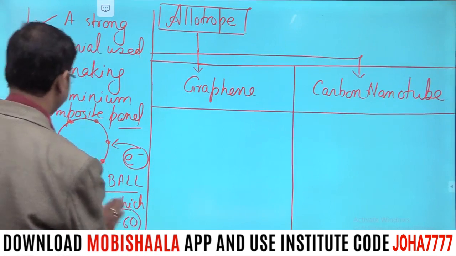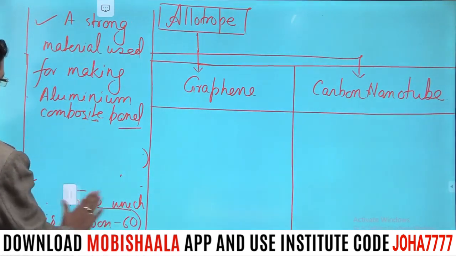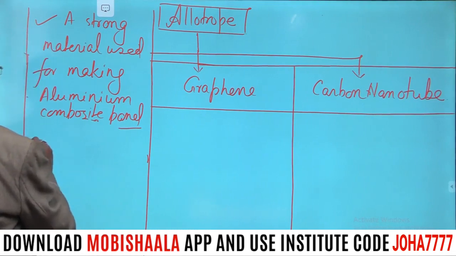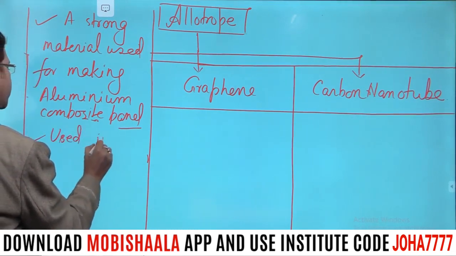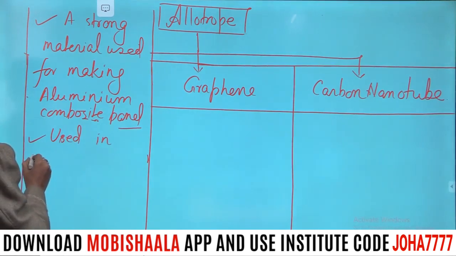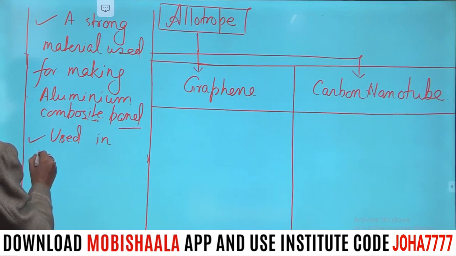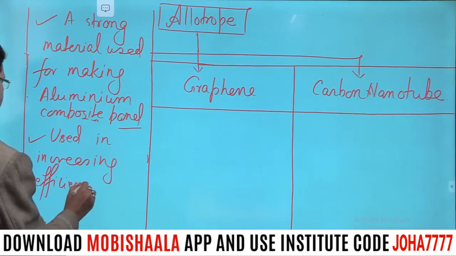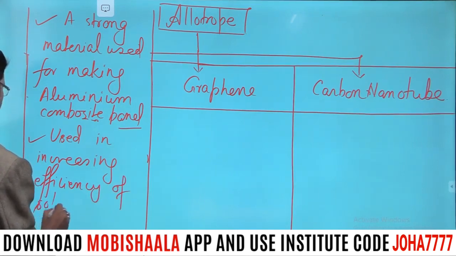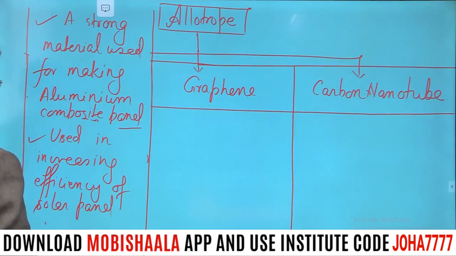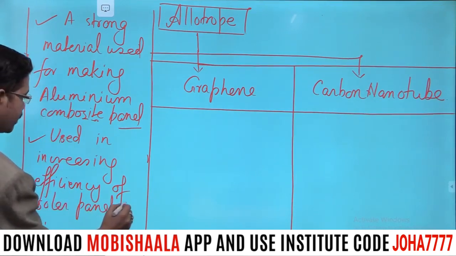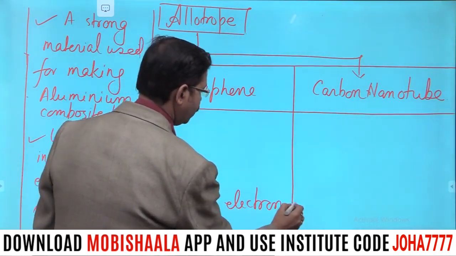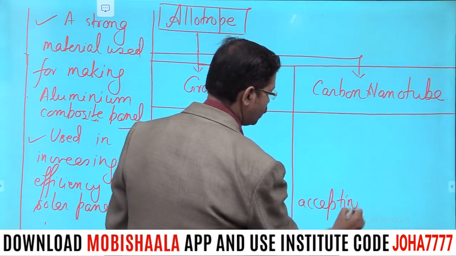So another use is what? It is used in increasing the efficiency of solar panels because of its electron accepting capacity, its electron accepting tendency.